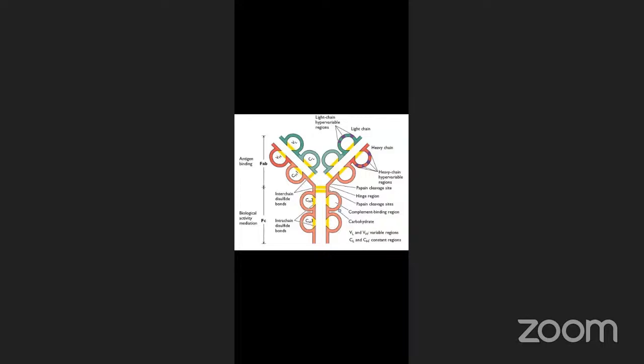So, epitopes. What is an epitope? The epitope is the immunologically active region of the immunogen. The immunogen is a large particle or large molecule on which this epitope is present. This area is the immunologically active region on the immunogen.